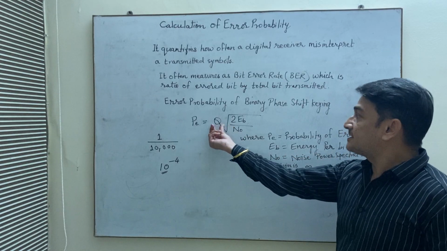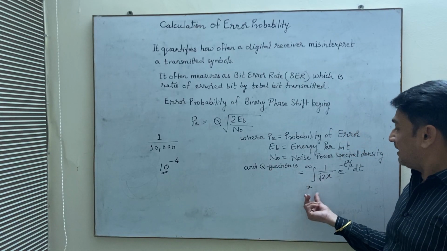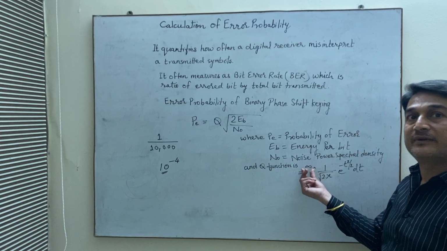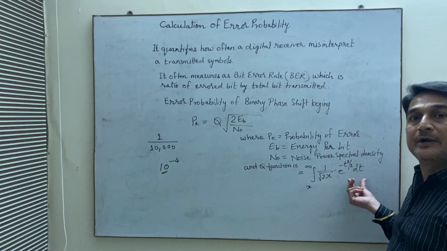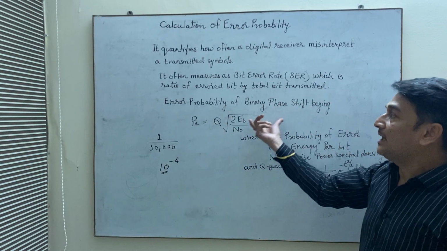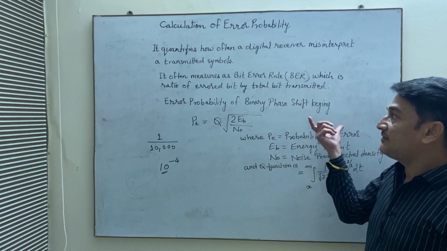Q is the Q function, defined by the integral from x to infinity of 1 by root 2 pi, e raised to the power minus t square by 2, dt. This is how you can calculate the error probability of binary phase shift keying.